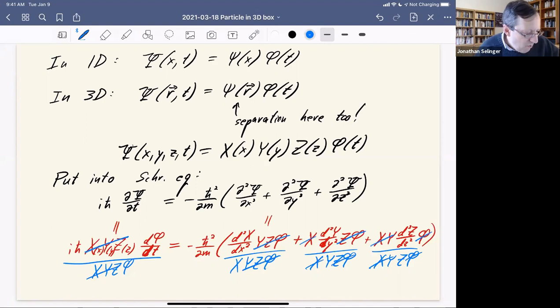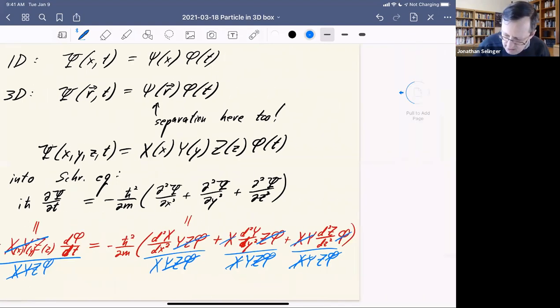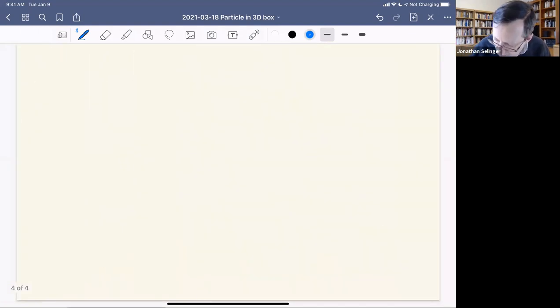What's left is iħ, and the first term has a 1 over φ dφ/dt.